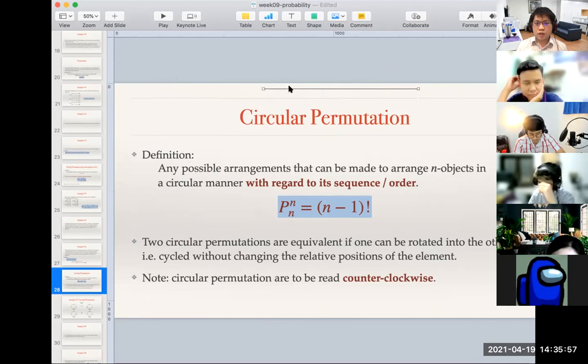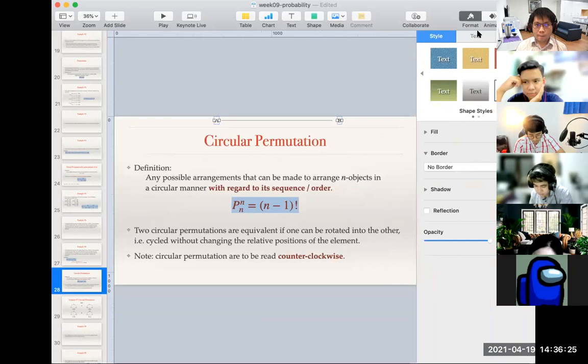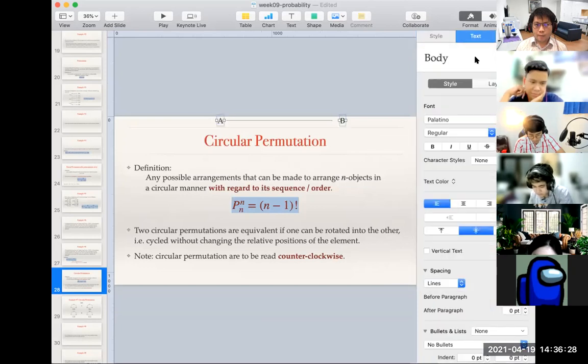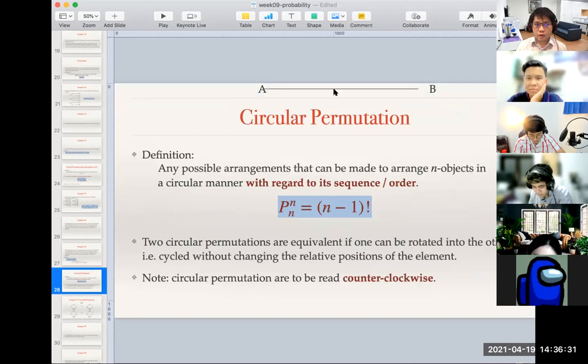For this line, you will have point A here, and similarly you can have point B. So the earlier permutations talk about a linear permutation.